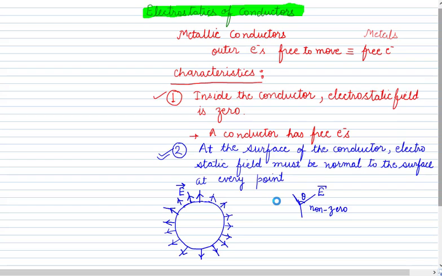But in electrostatics, E should not have any tangential component, right? So that is why it is not possible that the electric field is at any angle. It is always normal to the surface of the conductor. And if there is no surface charge density, the field is zero at the surface.